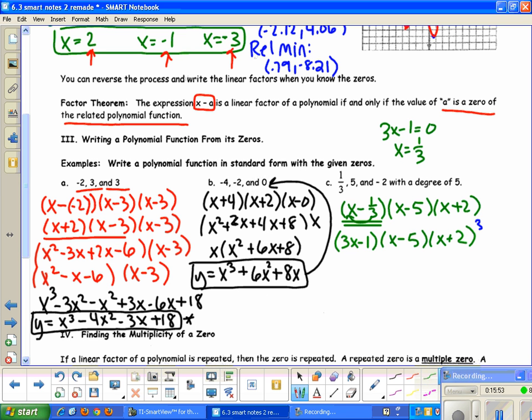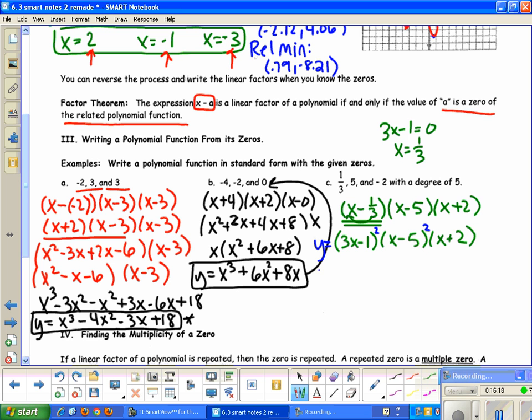Or instead of doing that, I could change it around a little bit and do this as 2, 2, and 1, because then 2 plus 2 plus 1 would be 5. So that would also work. So there are many different variations for this. And if you wanted to put it in standard form, of course, you would have to multiply it out, but I'm going to skip that for right now.